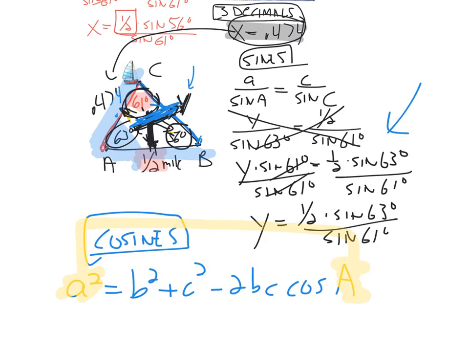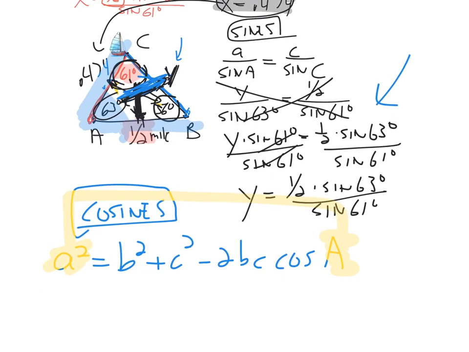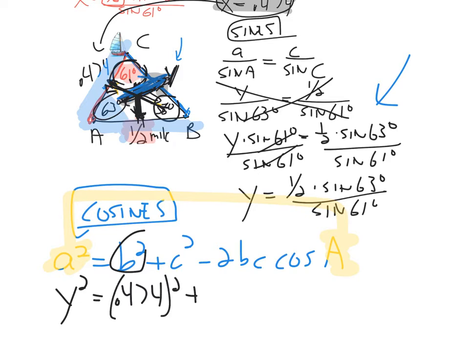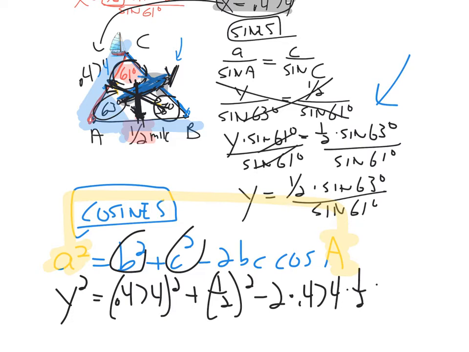So here we're going to have, if I'm solving this by the law of cosines, a squared, so that's just y squared, that equals b squared, so that's the side opposite angle B, so that's the 0.474 squared, plus c squared, well that's the half a mile, so plus 1/2 squared, minus 2 times 0.474 times a half, times the cosine of angle A, which they told you in the problem was 61.